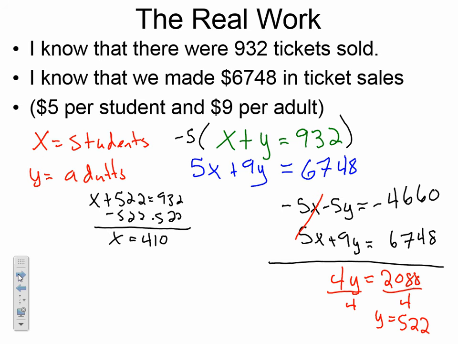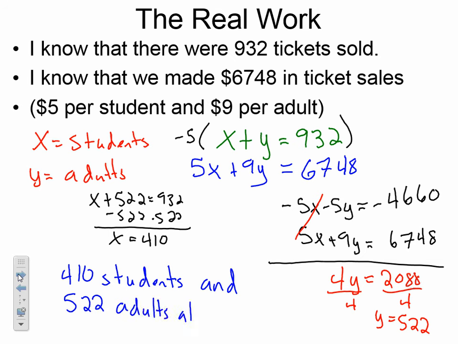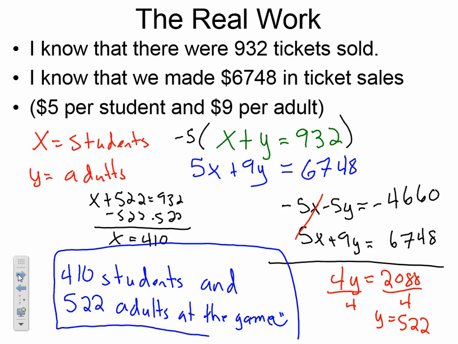We know there were 410 students and 522 adults at the game. Okay, this is our answer, ladies and gentlemen. How many adults, how many students? These are the kind of problems we're going to be working on.